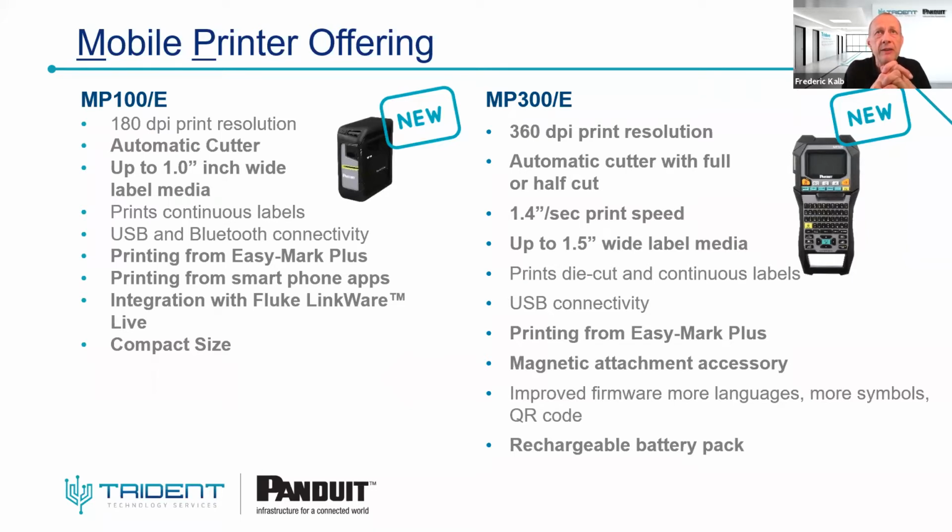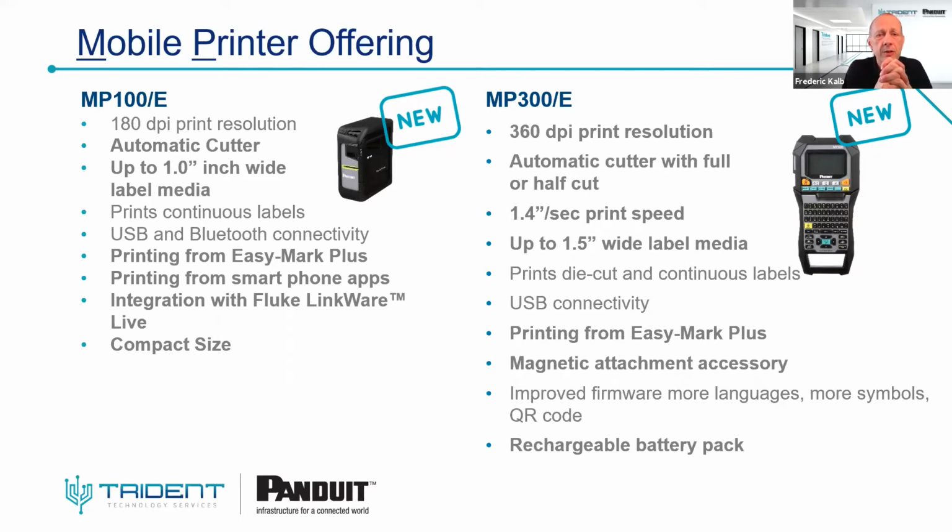Because you will drive it through a mobile app. I will come to that on my next slide. So you can use a laptop and EasyMark Plus to generate labels on the MP100, but you can also use a smartphone application to print labels.